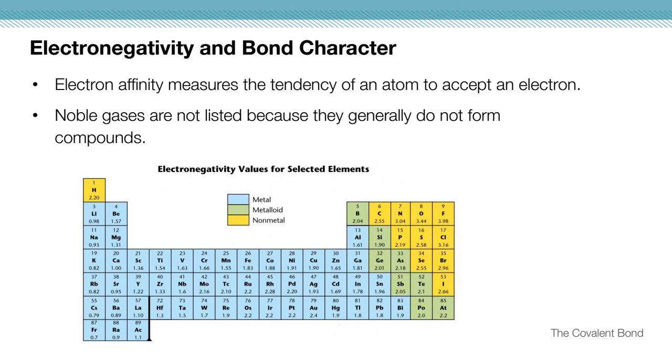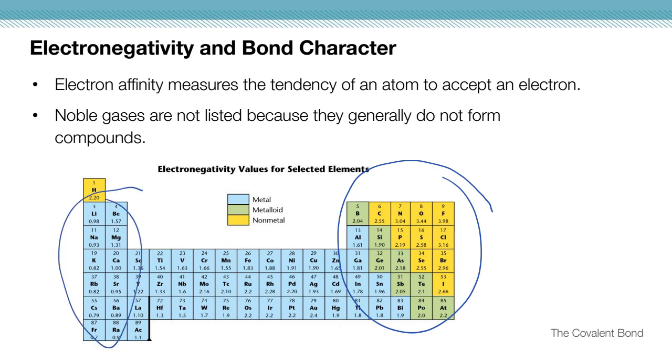So from what we've learned so far, these guys over here tend to be the ones that really want to take electrons, which is why the numbers over here to the right are much higher than the numbers on the left, because these guys have a higher electronegativity. If there's a bond, more of the electrons are going to come from these guys on the right.